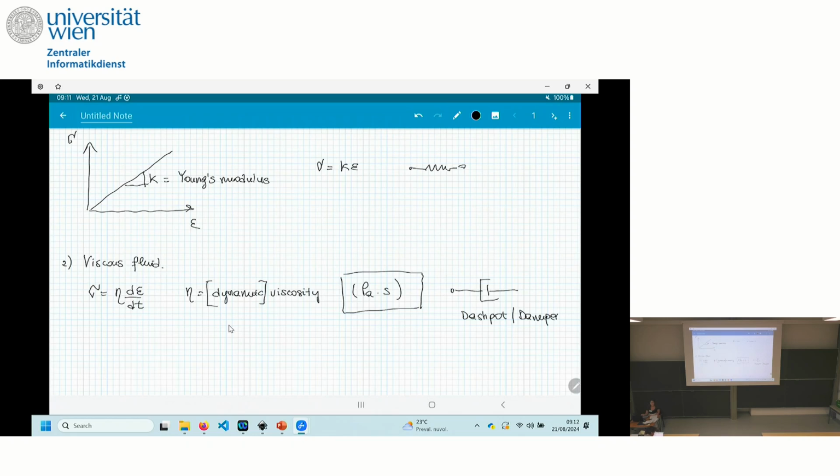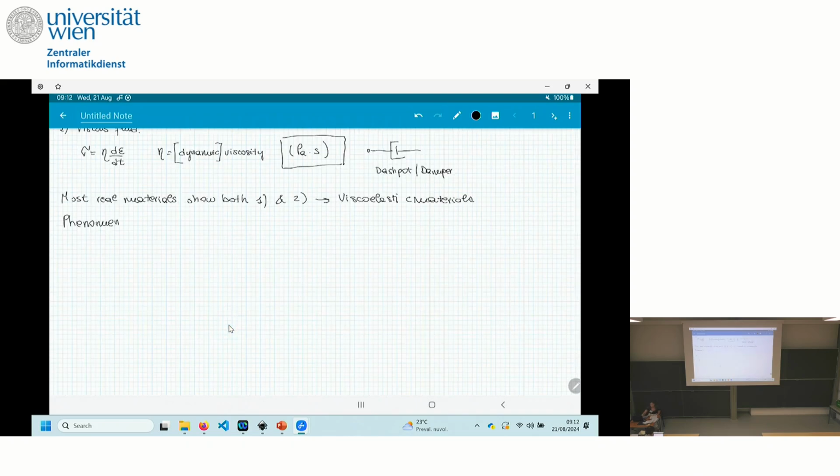So what are the phenomenological features of this class of materials? We have three phenomenological features.